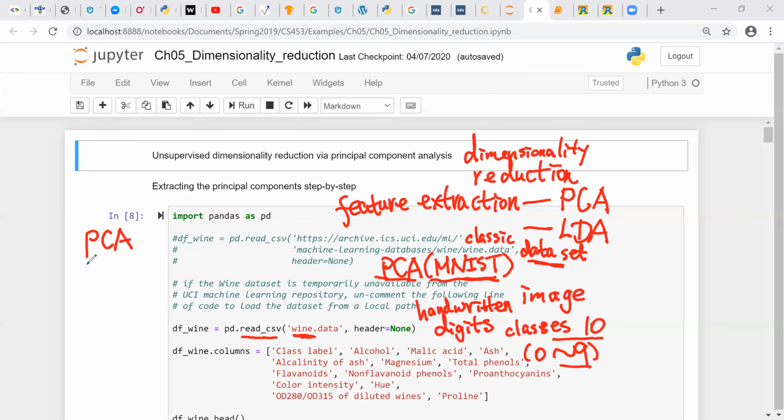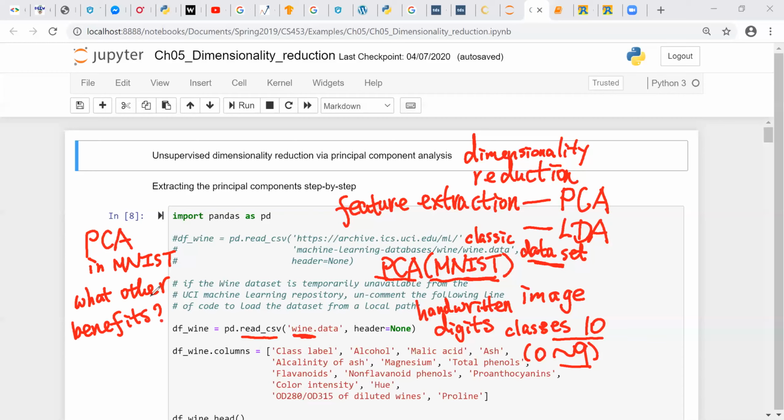So in the MNIST data set, if we apply PCA to the MNIST data set, what other benefits can we get?